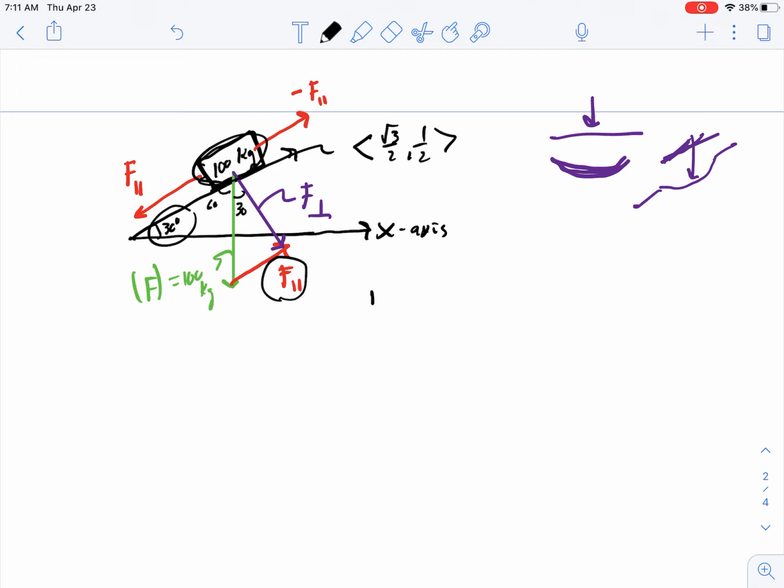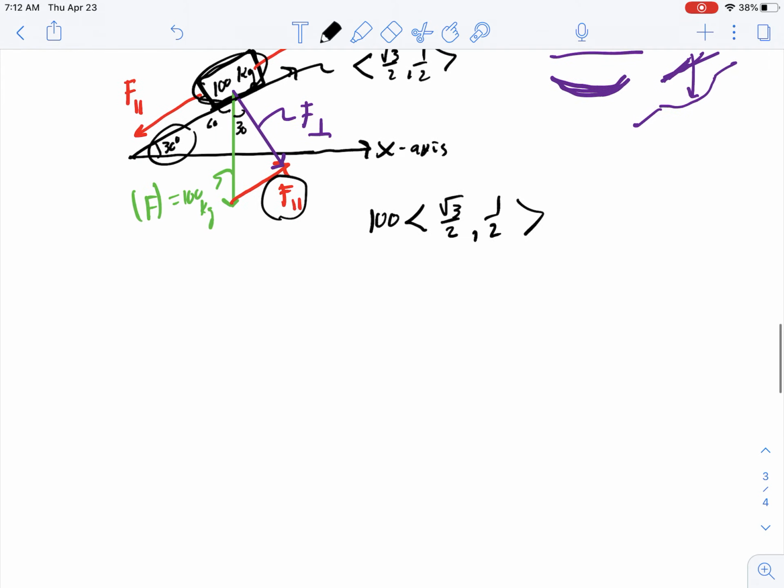Which means that if you just multiply your magnitude by those, so if you go 100 by your components, root 3 over 2 and 1/2, you have now components of 50 root 3 and 50, which means that this is your F perpendicular and this is your F parallel. And you have your information from that right off the bat.